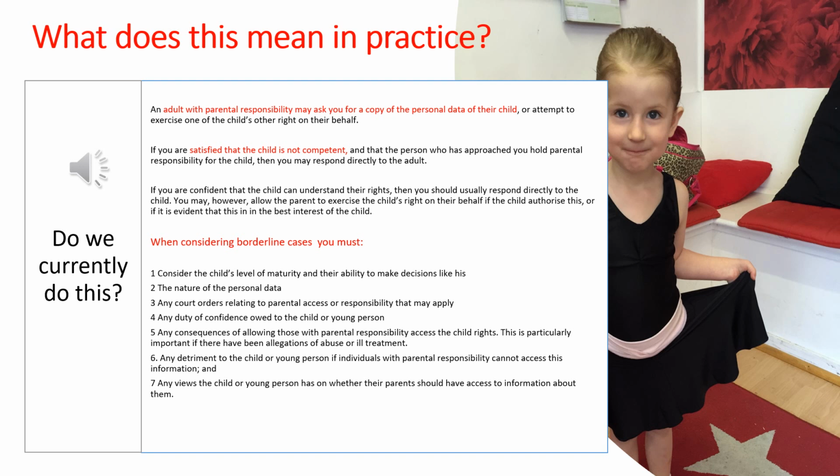Firstly, consider the child's level of maturity and their ability to make decisions. Secondly, the nature of the personal data. Thirdly, any court orders relating to parental access or responsibility that may apply. Fourthly, any duty of confidence owed to the child or young person. Fifthly, any consequences of allowing those with parental responsibility access.